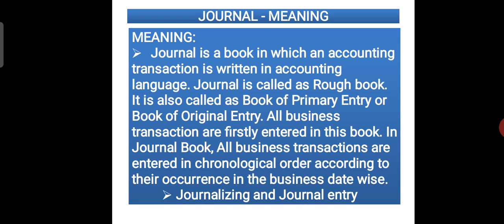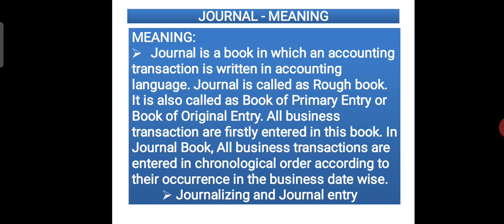Those transactions are recorded in a book which is called a journal. It is a book in which we write the business transactions first, and later we record them in some other books of accounts.